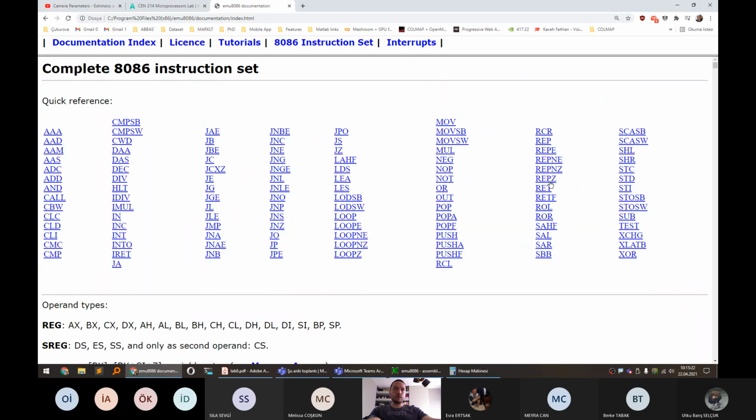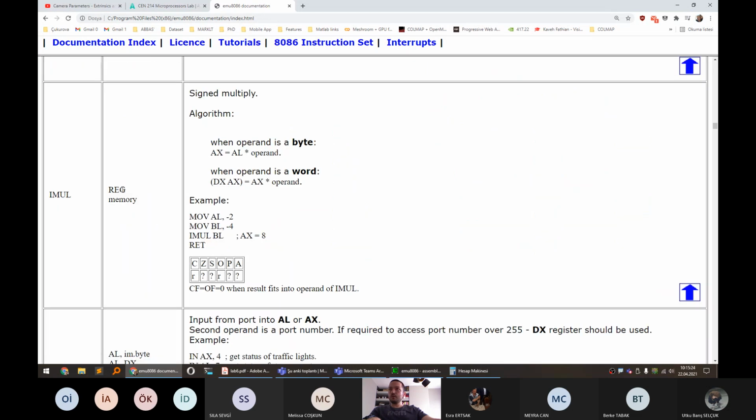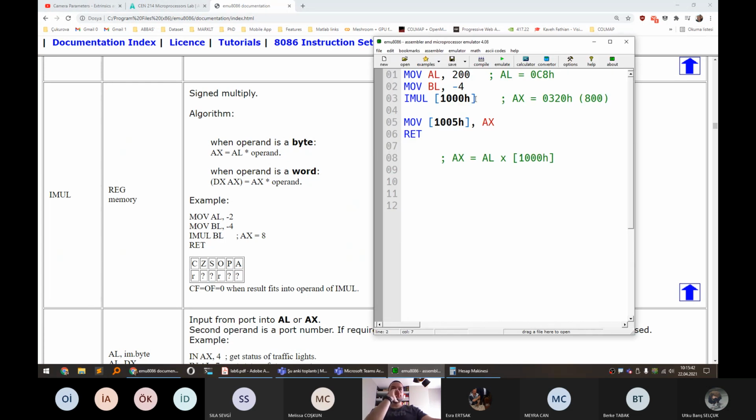Let me check the help. Where is the I multiplication? Yes, it can also take memory. I multiplication result is 8. Signed multiply. Yep. Erase these ones.